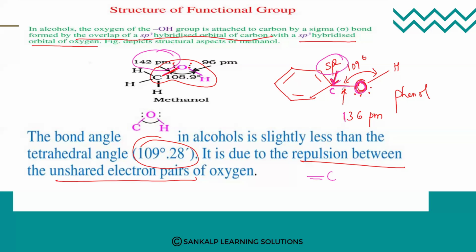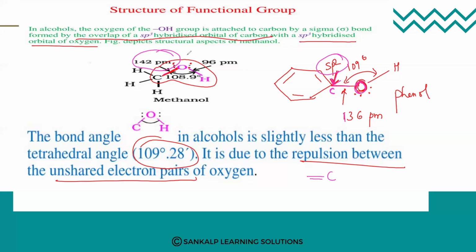And second, the C-O bond has a partial double bond character, due to conjugation of the lone pair of electrons on the oxygen with the benzene ring. These are the two reasons why the C-O bond length is slightly less than in methanol. So this is the structure of the functional group.